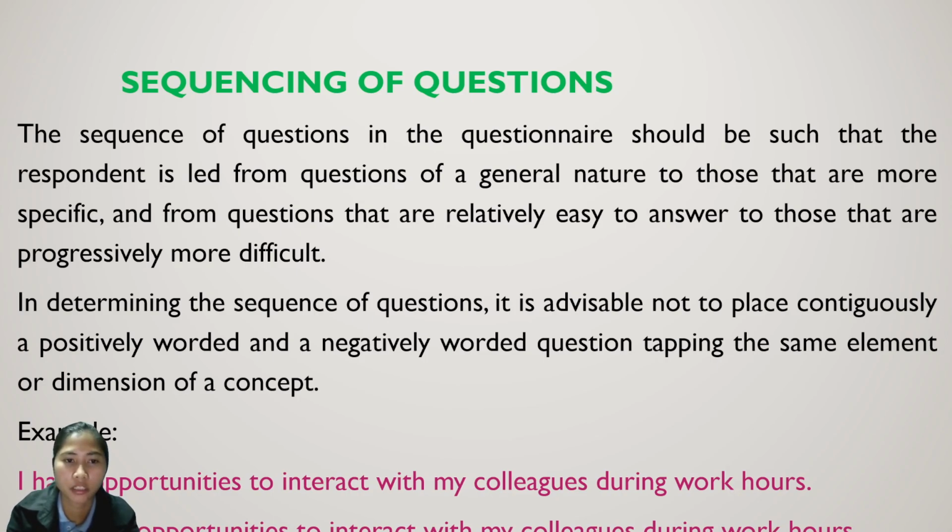Starting with generic questions that are easy to answer can help build rapport with the respondent and make them more comfortable. First, there is no need to ask the very same question in both a positive and a negative way. Second, if for some reason this is deemed necessary, the two questions should be placed in different parts of the questionnaire.